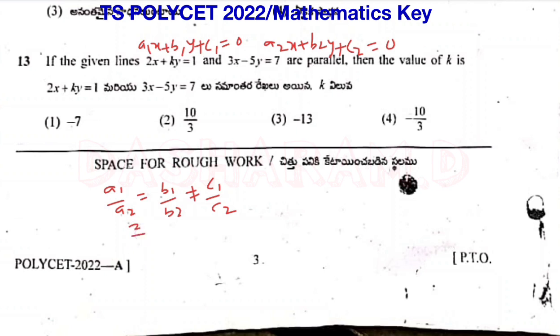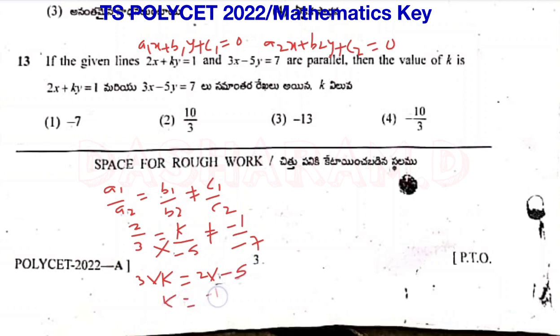Here a1 value is 2 and a2 value is 3, b1 value is k and b2 value is minus 5, not equal to c1 value minus 1, because 1 transposes to the left side, by minus 7. But to get the k value, the first two ratios are enough. Here do cross multiplication: 3 into k, 2 into minus 5, then k equals minus 10 by 3. So minus 10 by 3, option 4 is correct.